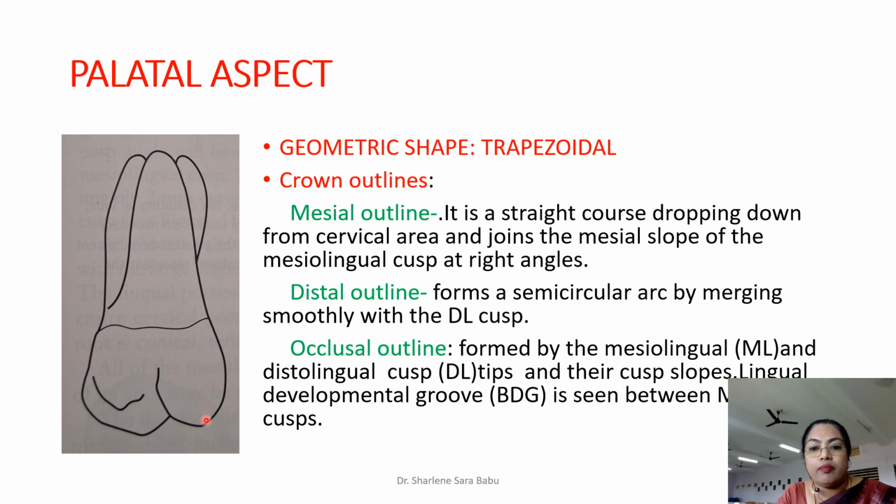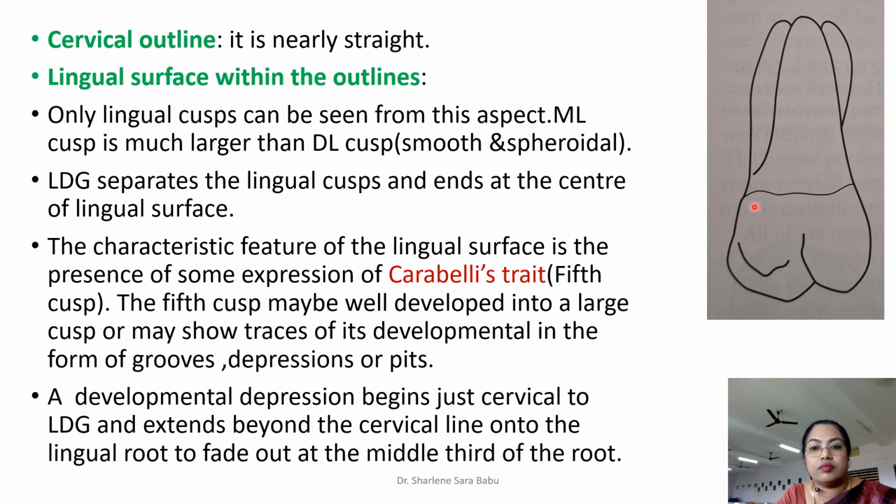Occlusal outline: it is formed by the mesiolingual and the distolingual cusp tips and their cusp slopes. The lingual developmental groove is seen between the mesiolingual and the distolingual cusp. The cervical outline is nearly straight.